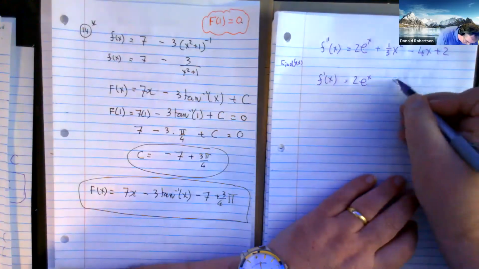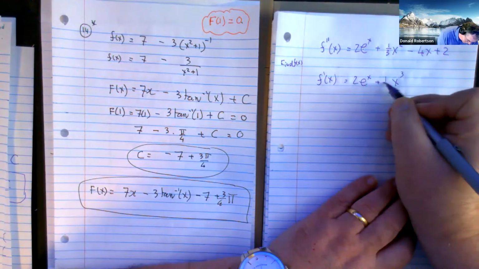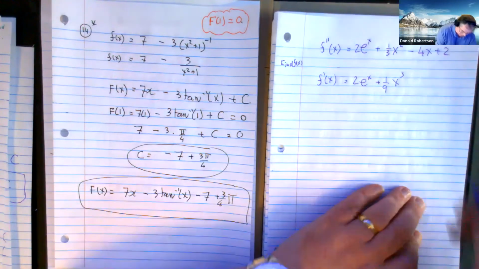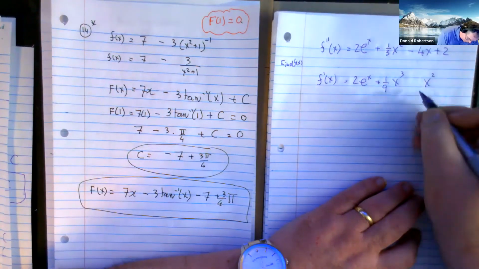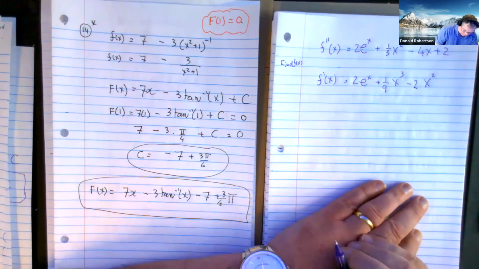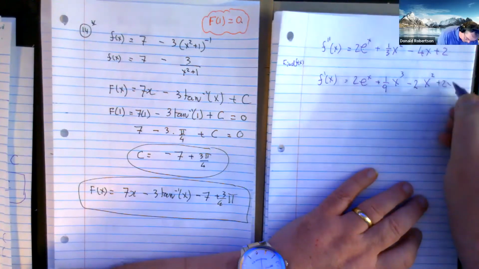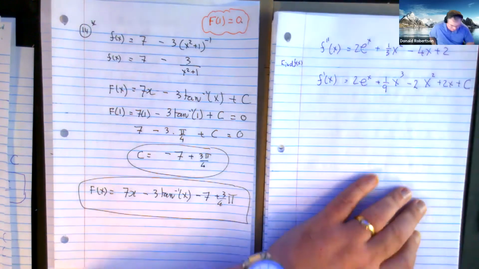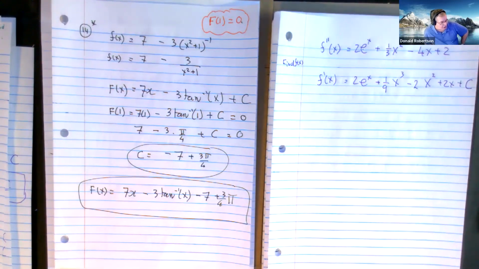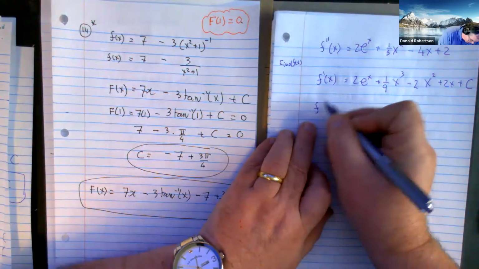Add 1 to the power and divide by the new power. That's a 9th. Add 1 to the power, divide by the new power. And the 2 gets me 2x, and it's a plus c. Are we good so far? Right? Antiderivative, antiderivative. Now, there's a little kicker in the tail here.